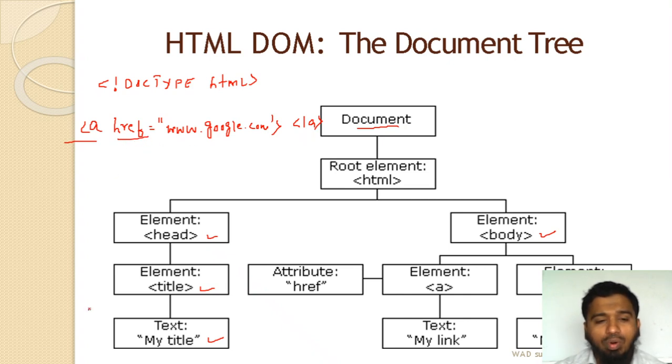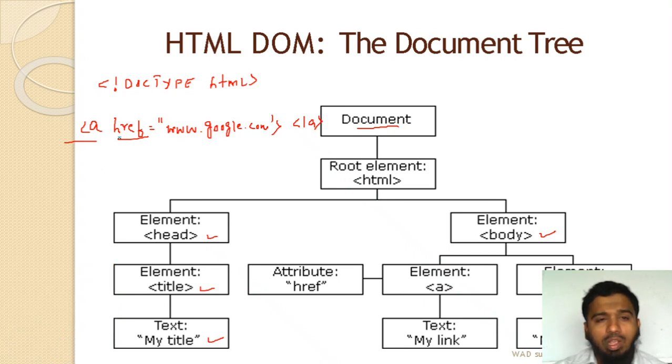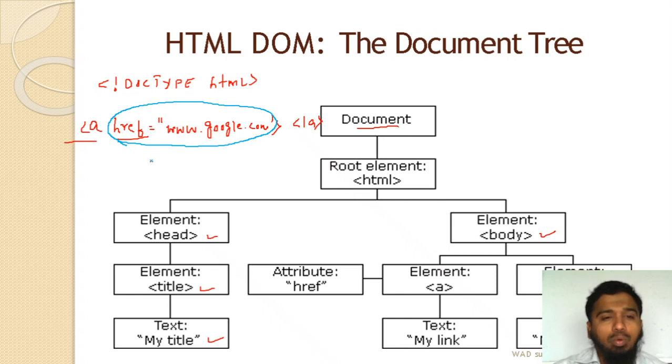Whatever you are going to write inside this opening tag, that is called an attribute. Anything, if you are writing ID, or name, or if you are giving the BG color, or writing style, that is called an attribute.